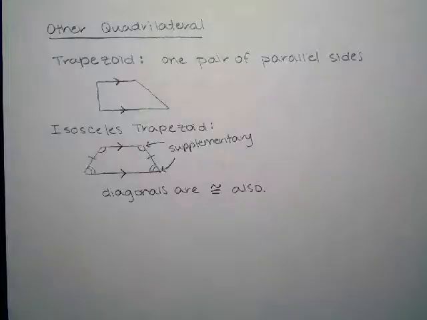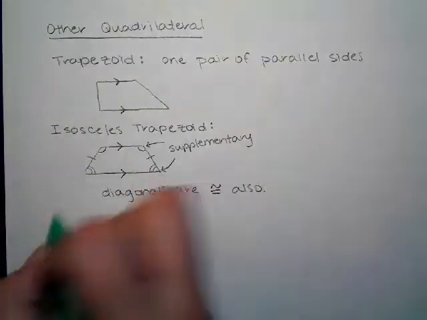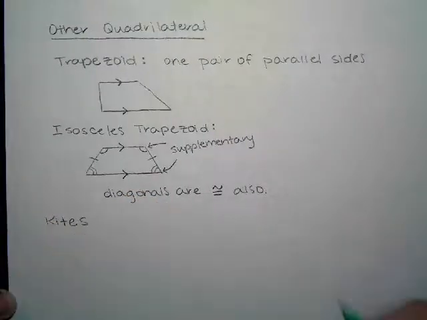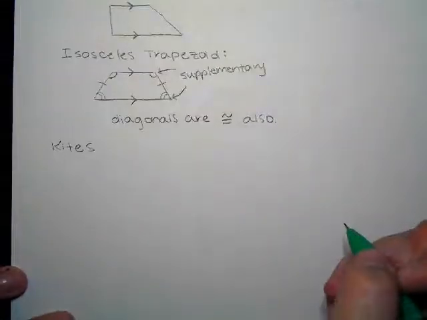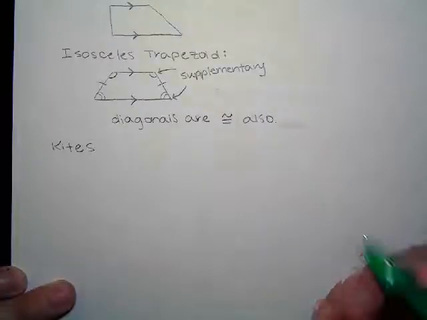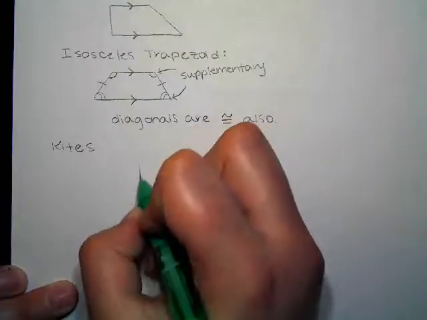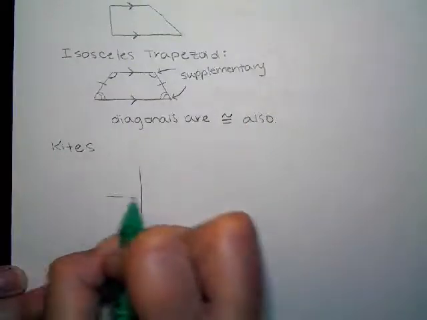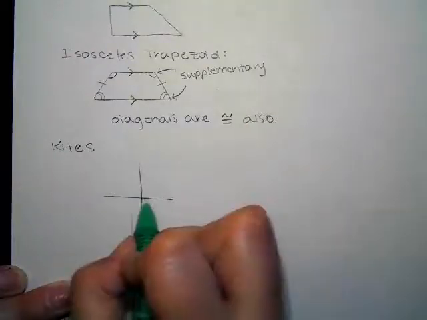Okay. All right, and then we have kites, which you fly at the beach, but then they're also shapes. So I draw the inside first because I think it makes it easier to draw.